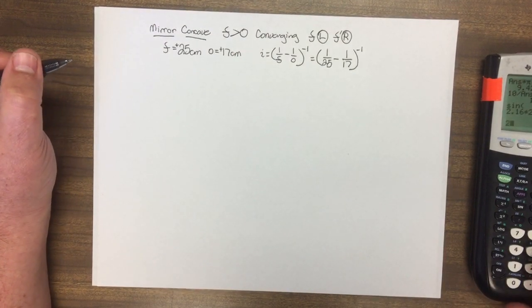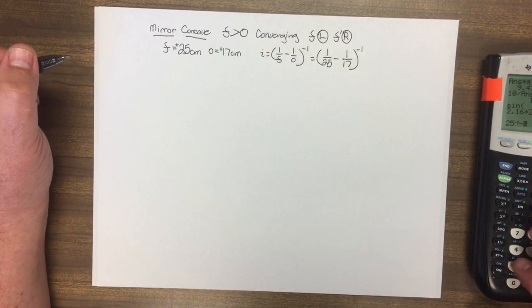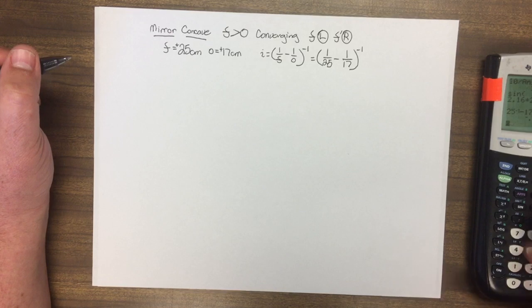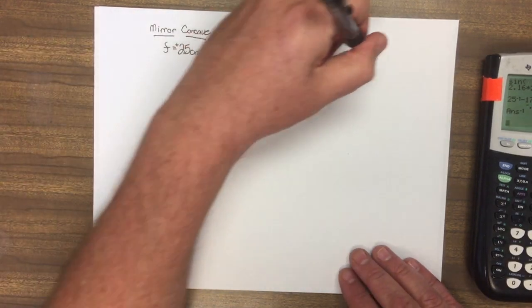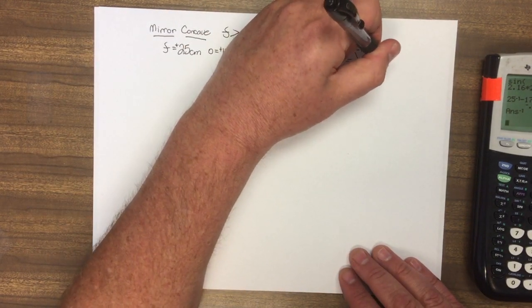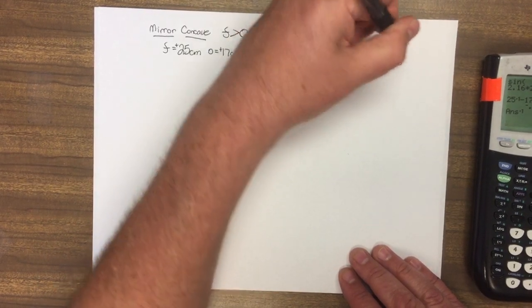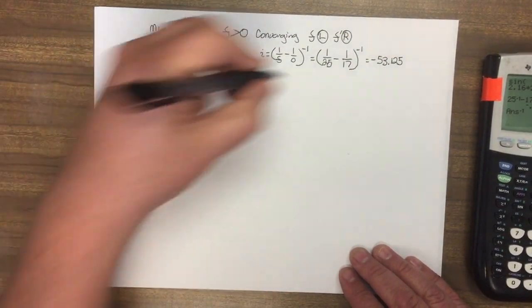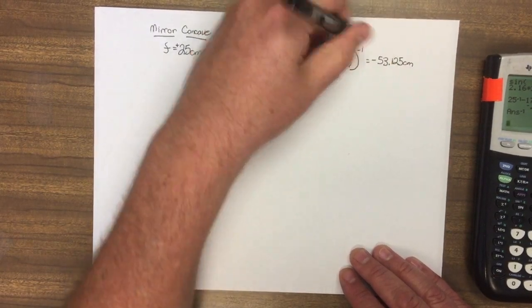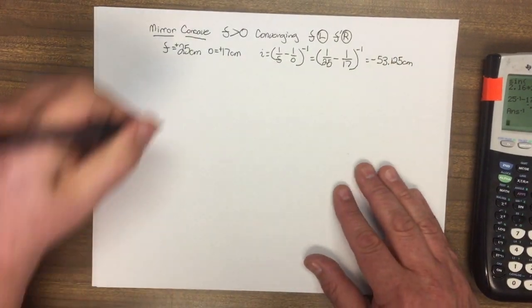So this becomes minus 53.125, 53 and an eighth. Now all of these units are in centimeters. As long as the units are the same, it's okay.